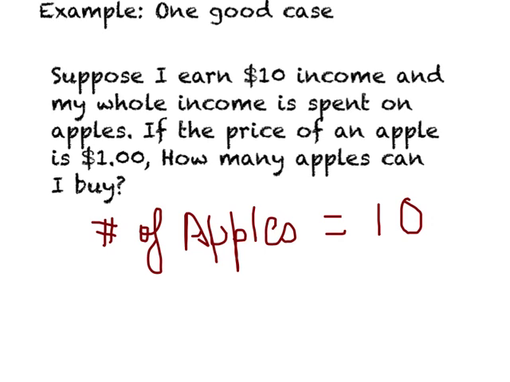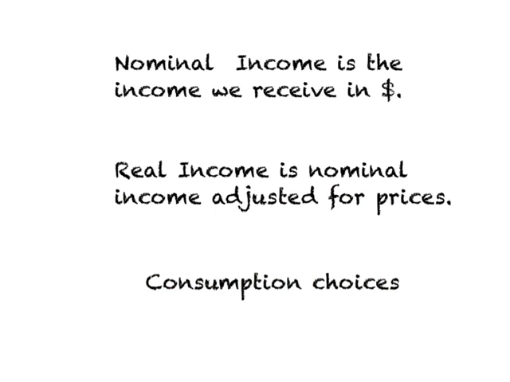Now the income that I earn in dollars is called nominal income, and what I can buy or afford with that income, given nominal income and prices, is my real income. So here are the definitions. What is nominal income? Nominal income is the income we receive in dollars.